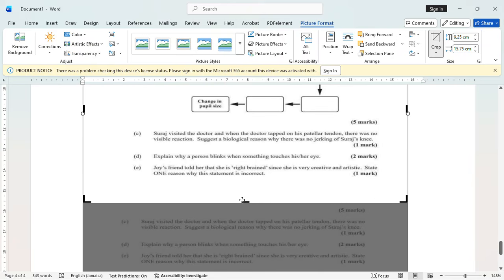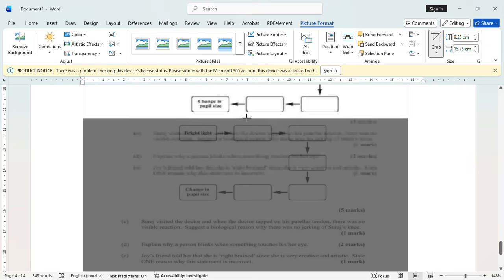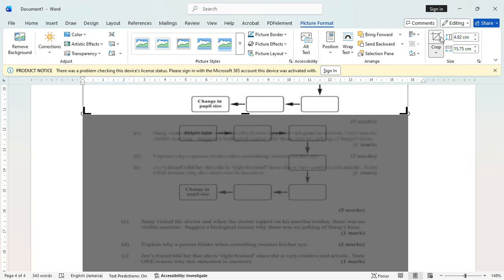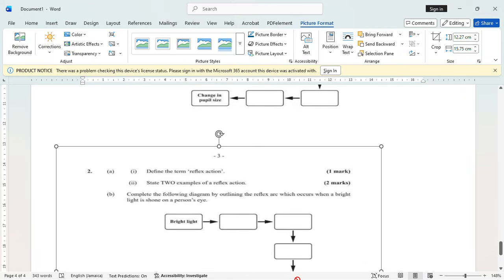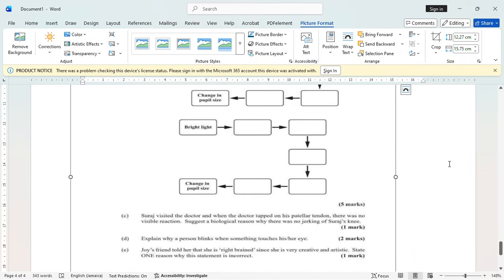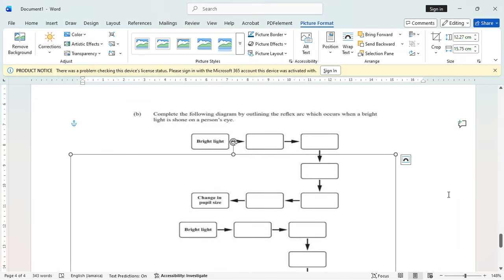Oh, I was wondering what is happening. So because I move this, I'll bring down that.